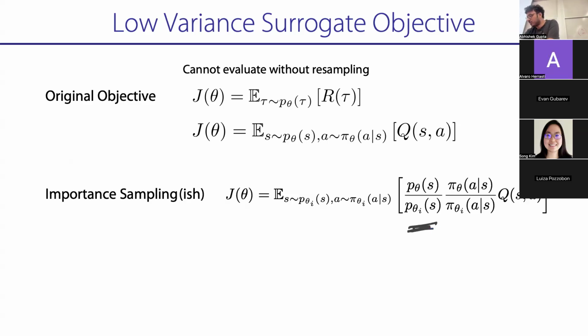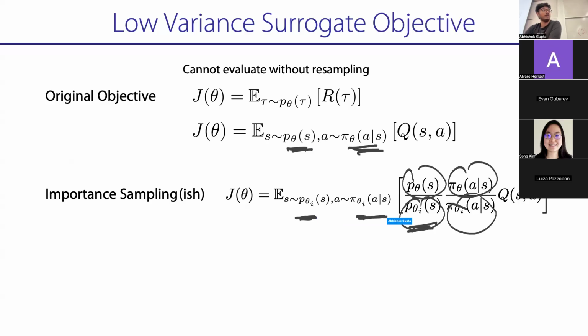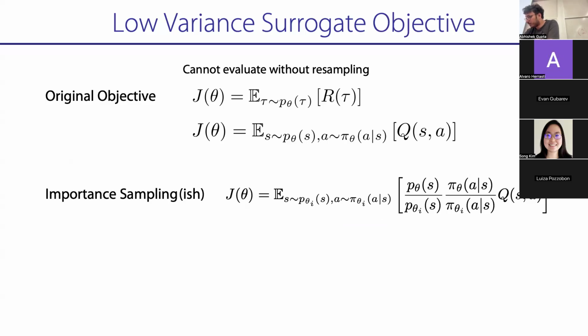So this is the state distribution, and this is the action distribution. The expectation I want to compute is under p_θ and π_θ, and I only have samples from p_θ' and π_θ'. So you do the same importance ratio trick, but you're going to have one ratio for the state distributions and one ratio for the action distributions.